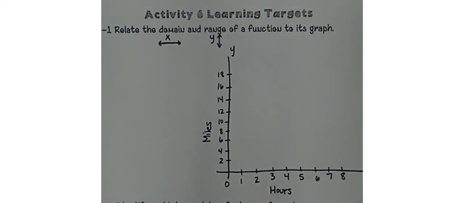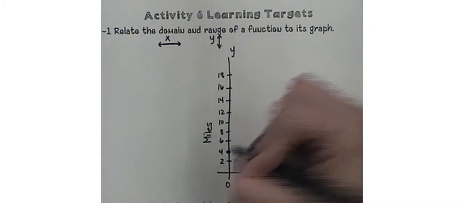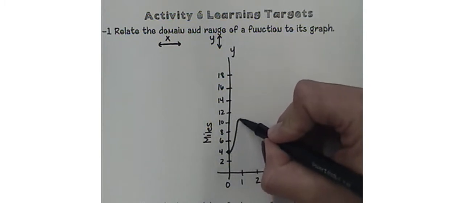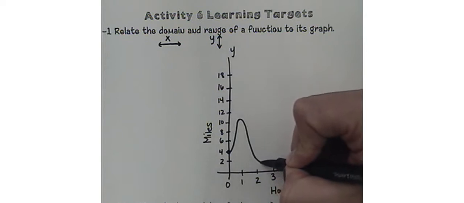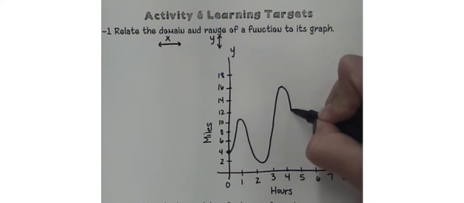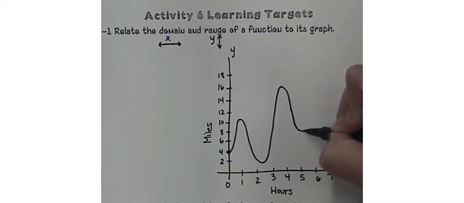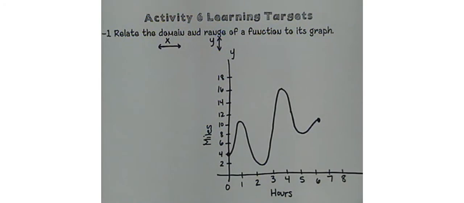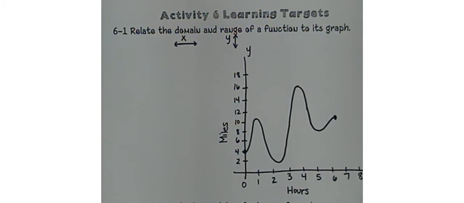Now I'm going to try to draw this as best I can. Start here. Go up. I'm going to come back down. I'm going to go all the way back up. And come back down. Let's make that graph go all the way to 7.